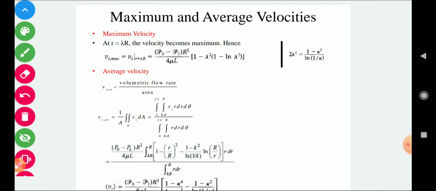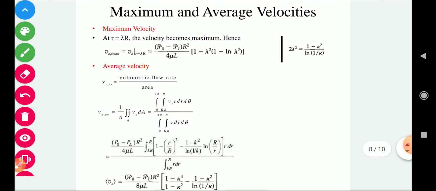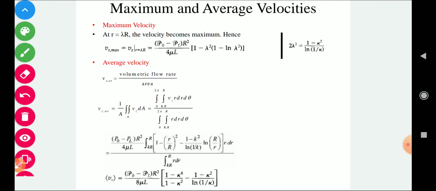Similarly, if we want to calculate average velocity, then average velocity will be equal to the volumetric flow rate upon area. Volumetric flow rate is velocity into dA. It will give volumetric flow rate divided by area, this A. So this equation can also be written as this.